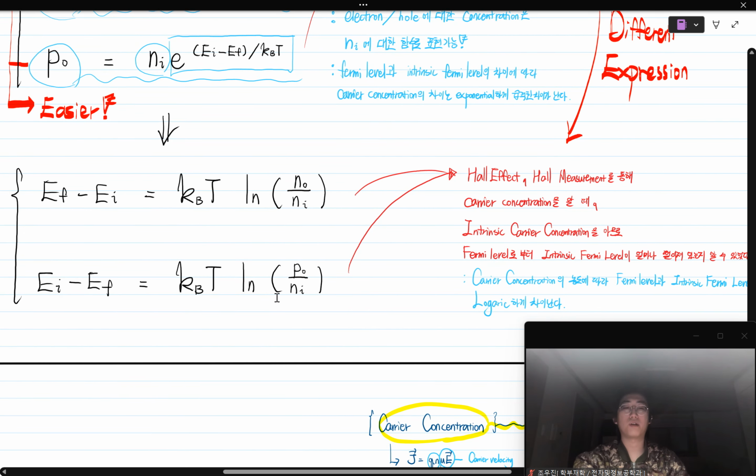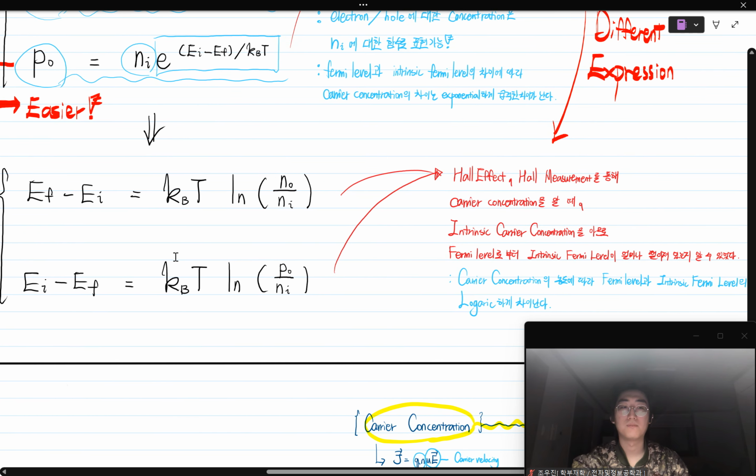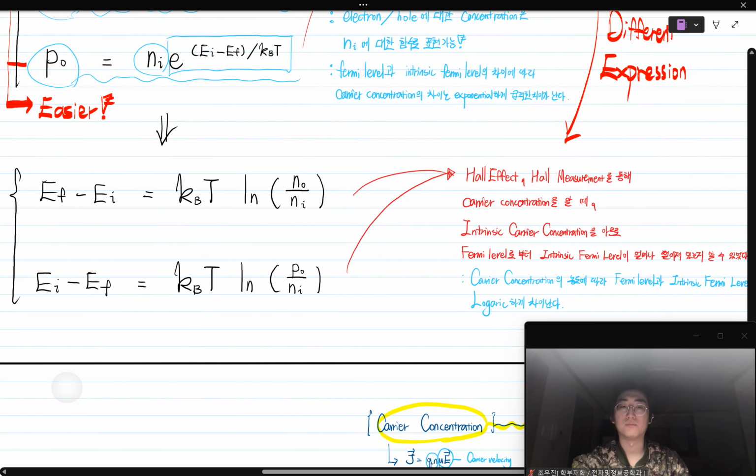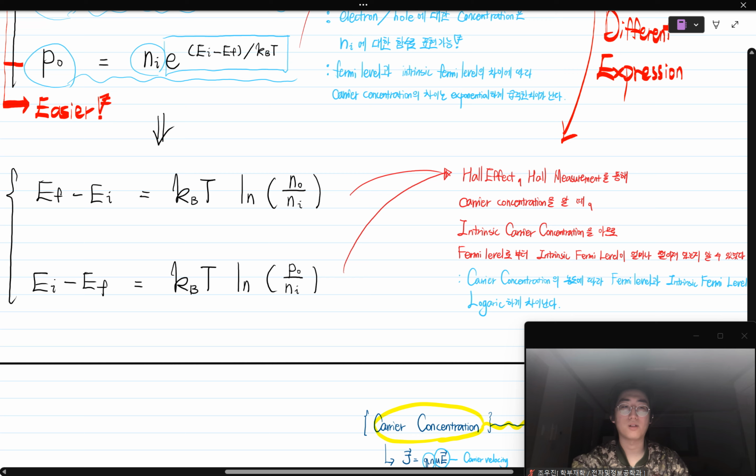We use them when we know the carrier concentration from doping and we know the intrinsic carrier concentration, so we can know how far the Fermi level is located from the intrinsic Fermi level.